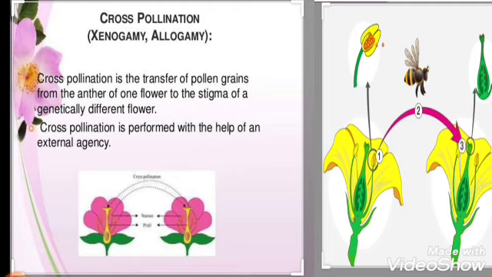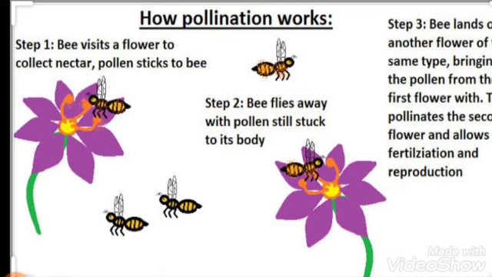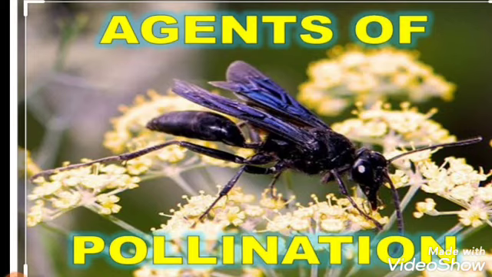Let us see in the video. These are honey bees acting as pollinators. As plants cannot move from one place to another, they need the help of other organisms or natural elements to transfer pollen grains. So let us study the agents of pollination.